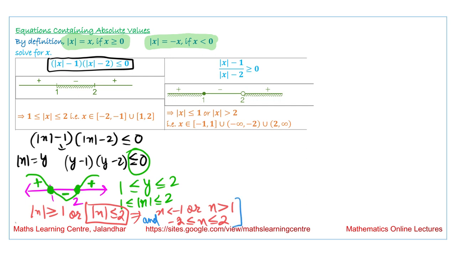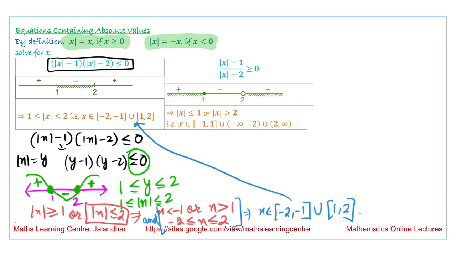So, we are getting the final answer as x belongs to minus 2 to minus 1 union 1 to 2. So, this is the required solution that we have.